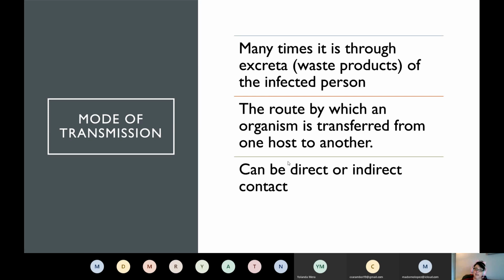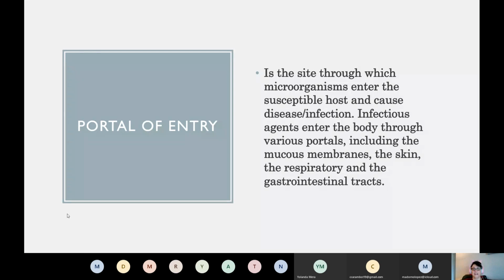This could be direct or indirect, like walking through a sneeze. That's indirect contact. Direct contact is shaking hands, right? So it can be direct or indirect. Bless you. My son gave you an example of a sneeze.